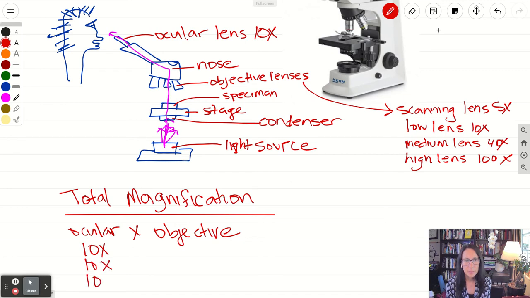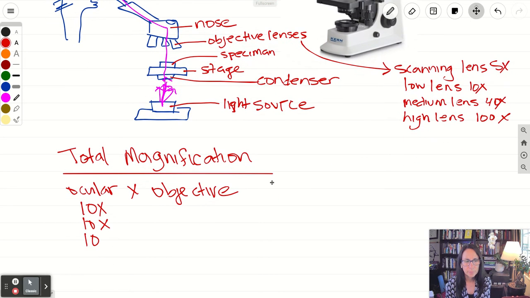So I'm going to scoot up a little bit here. And the objective depends on what you chose. So let's say you're looking at the scanning lens. Let me put scanning. And your scanning lens is 5x. So that's going to be a total of 50x magnification.